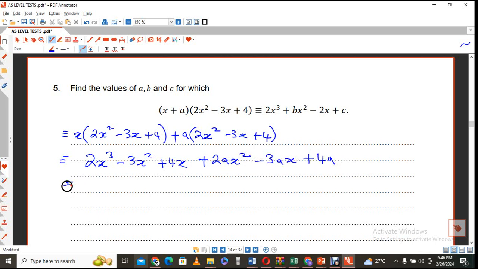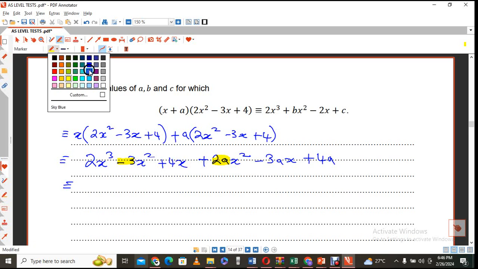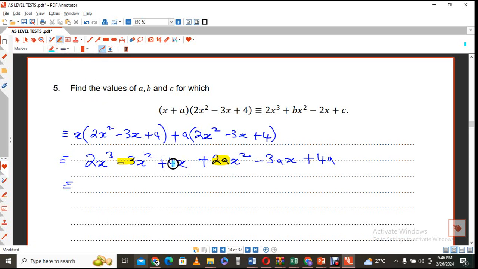Okay, so let's see where we're at now. The x squared terms go together, and the 4x and the minus 3ax come together, and the other one will just be a constant.